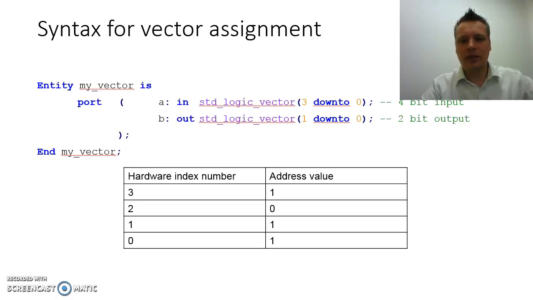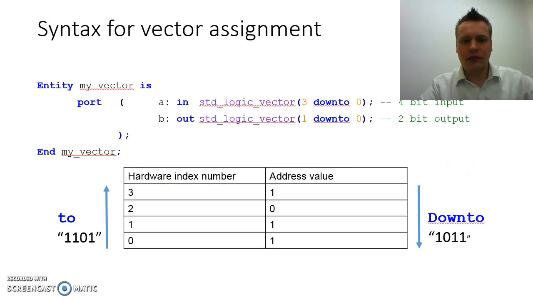However, in a software description, we can obviously do the indexing this way, or against the normal indexing. So there are two different ways we can define a vector. Either it's 3 down to 0, or we can write 0 to 3.